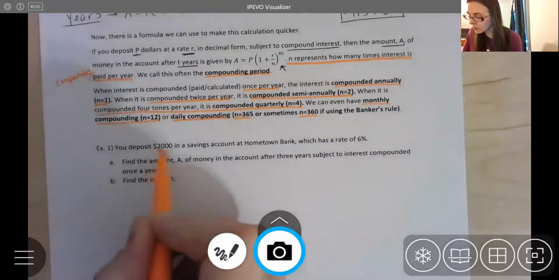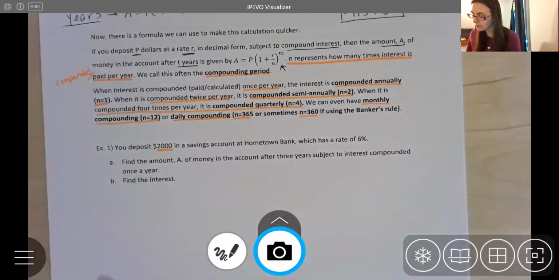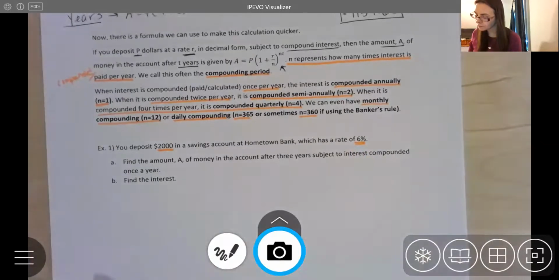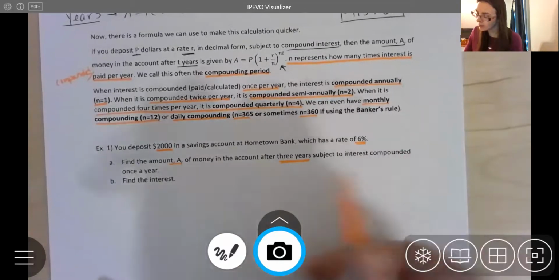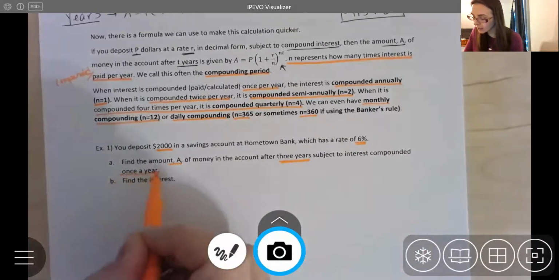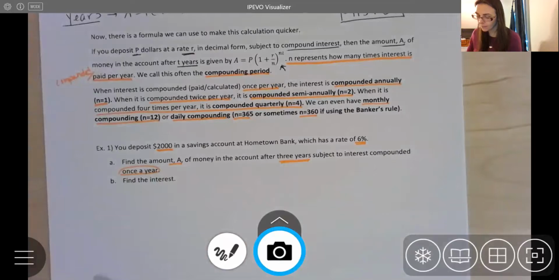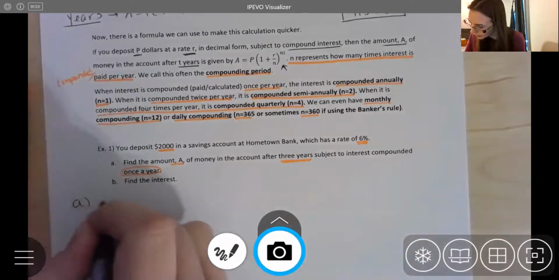So let's say you deposit $2,000 into a savings account. You have a 6% interest rate. We're going to find the amount of money at the end of 3 years, subject to interest compounding once a year. So I'm going to use my formula here.